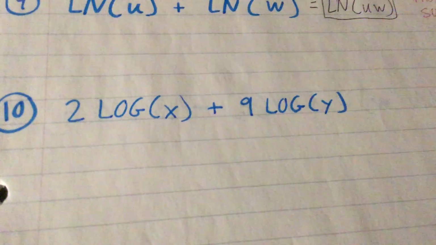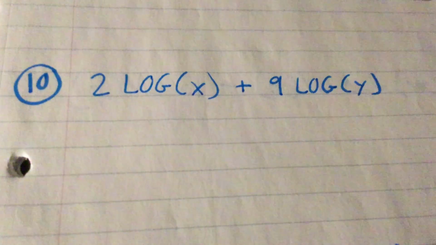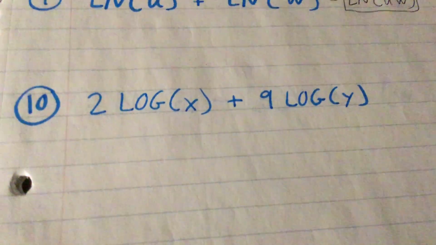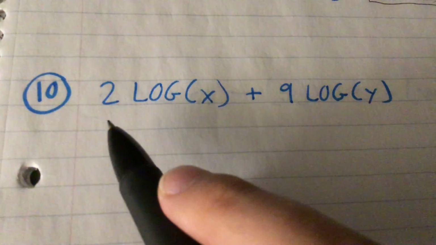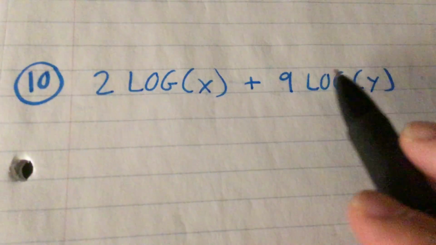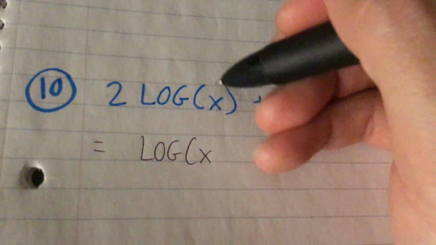Okay. 2 log of x plus 9 log of y. If it's a factor out in front, it can go inside as an exponent. So this becomes log of x, and that exponent is going to fly to the front.